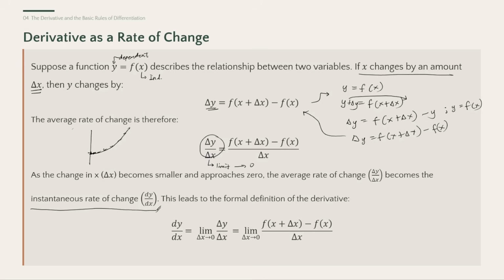So if we try to get the average of all of that, and we limit the change of x to 0, we're actually taking a point on the parabola. This is called the instantaneous rate of change. Okay? Therefore, from this particular statement, we can derive the definition of the derivative as a limit.